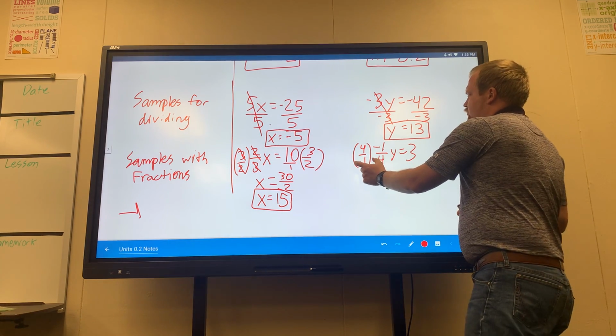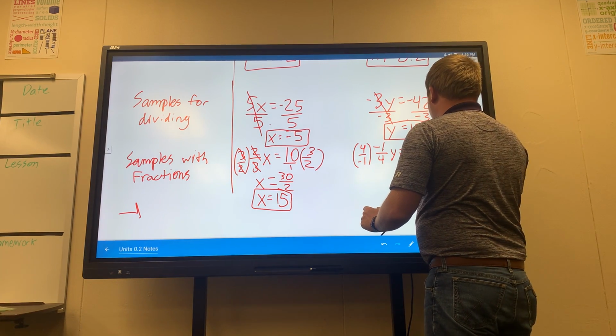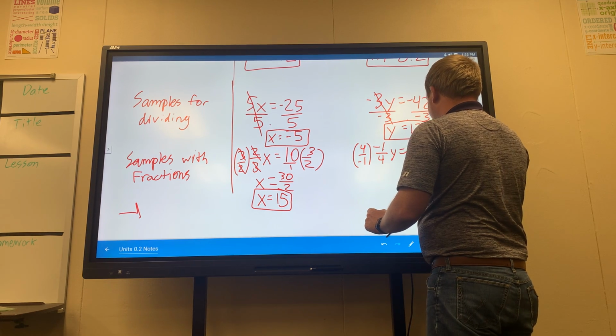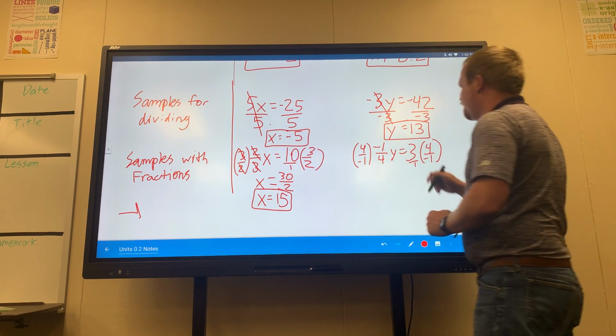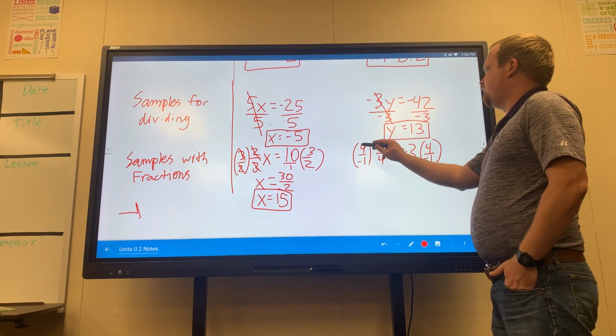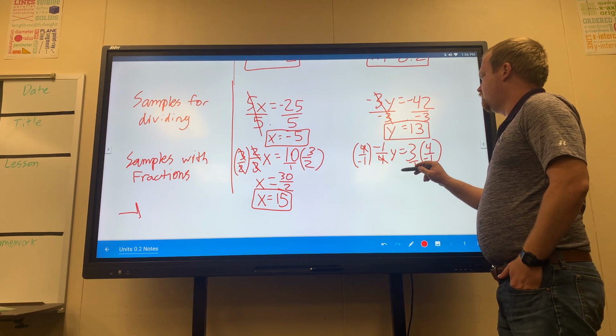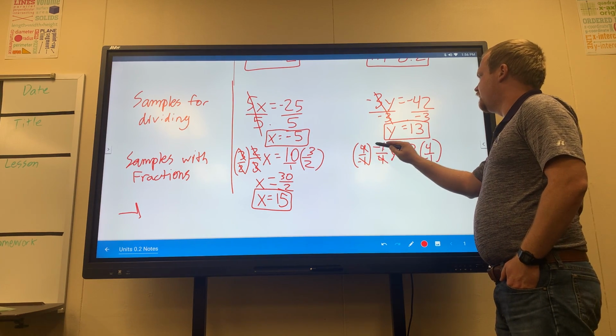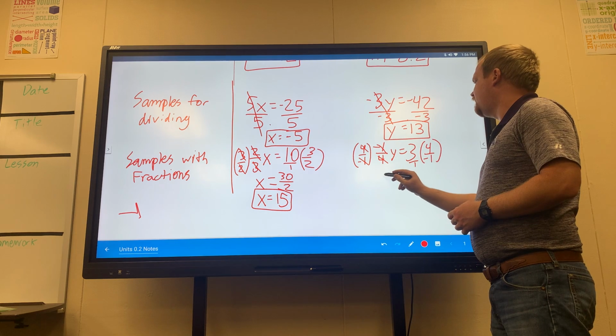But remember, when I do to one side, I'm doing it to the other. I'm going to put a 1 underneath the 3 for in a minute. Now, 4 cancels out, negative 1 cancels out, so that leaves me with y.